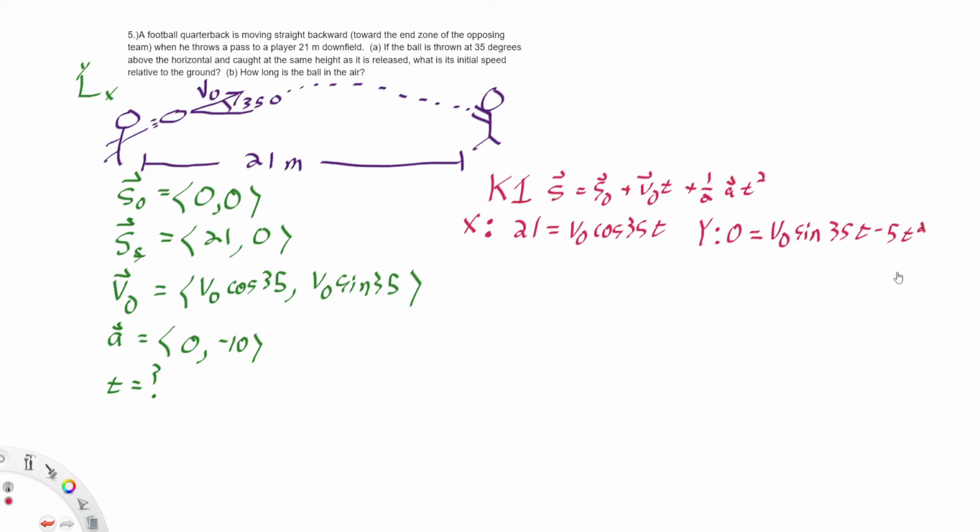And we do have both of our unknowns. The v naught and t are in both of our two equations, but we do have two equations, so in principle, at least, we can do some solving. I'm going to start with the y direction here, because I think in lecture I started with the x direction. So let's start with the y direction. We notice we've got 0 on the left-hand side, and t and t squared on the right-hand side. So we can totally factor out a t.